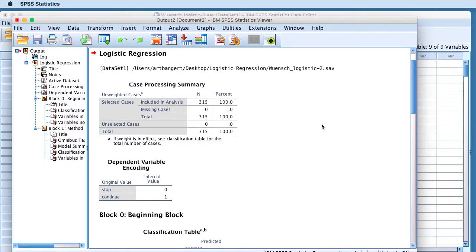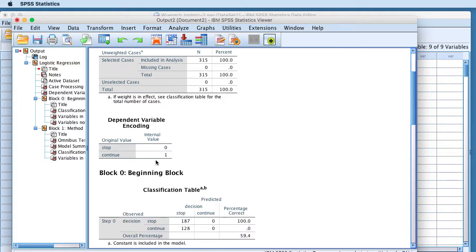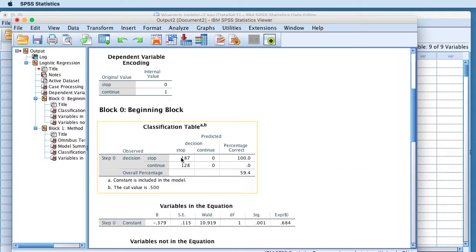So you see in this output, we know that there's 315 data points or students in our sample, and that the way that the dependent variable is coded, stop is 0, continue is 1. And what we see is that for this particular group, we had 187 students who indicated that the research should stop, and 128 that the research should continue.